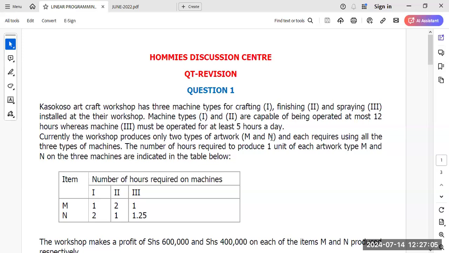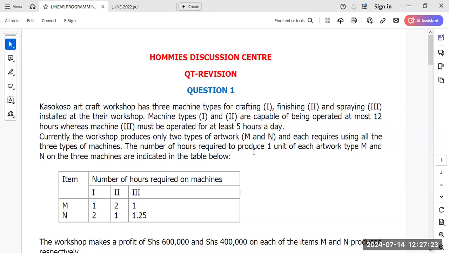Are you seeing that, colleagues? And they are telling you that each requires using all 3 types of machines. So these are your decision variables, M and N.